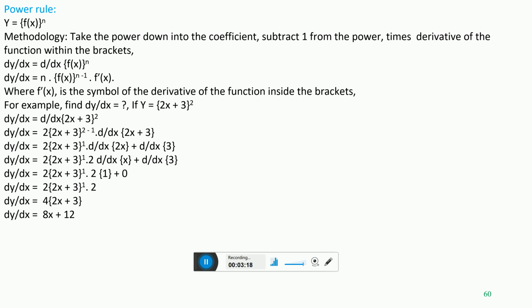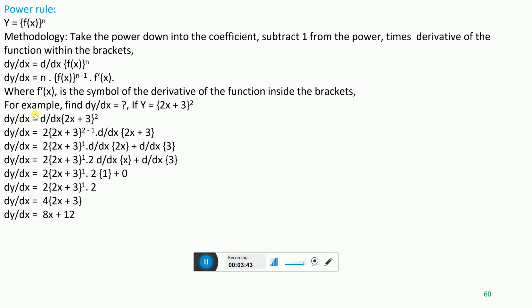We will take the power 2 down to the coefficient, subtract 1 from the power, and times find the derivative of the function within the brackets, which is 2x plus 3. So I am applying here dy over dx is equal to d over dx bracket start 2x plus 3 bracket close whole raised to the power 2.